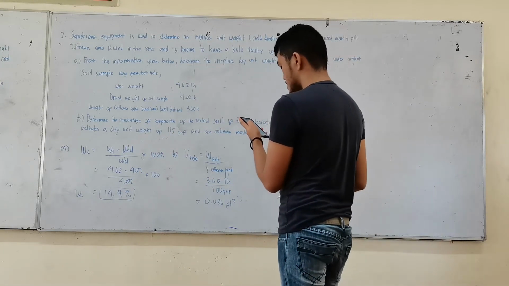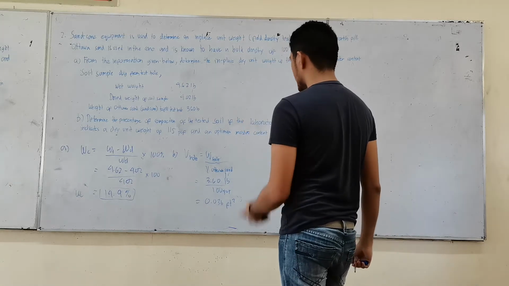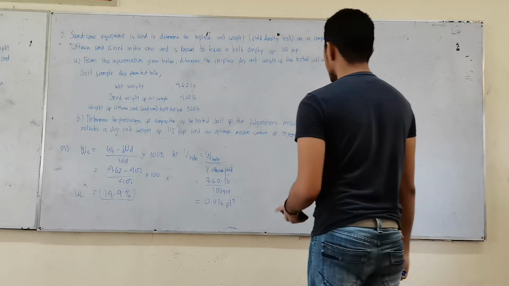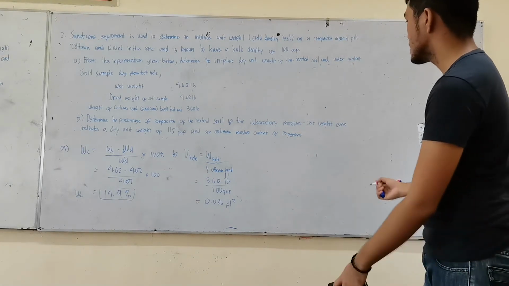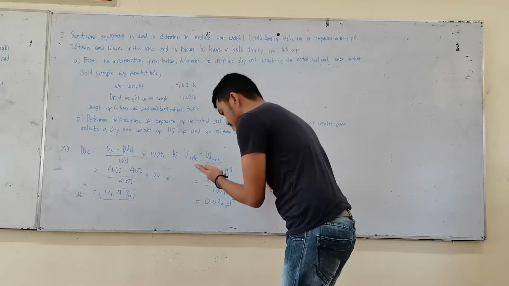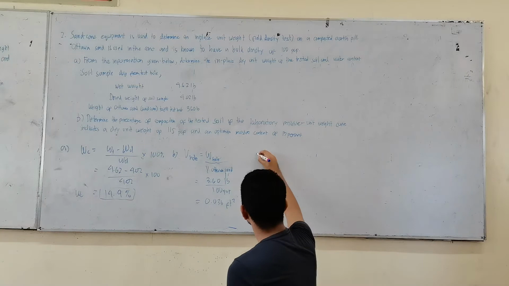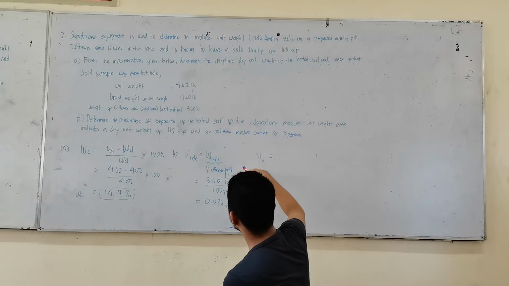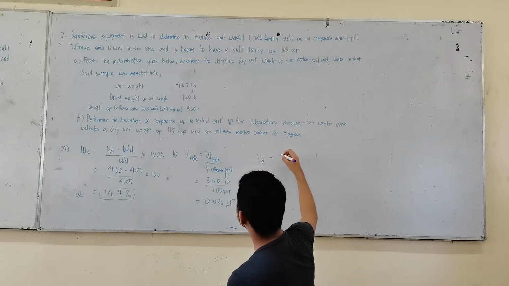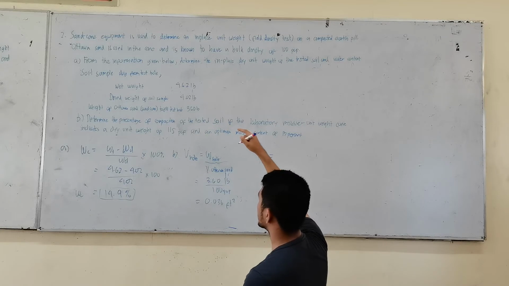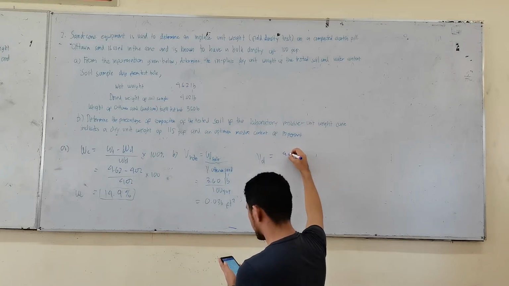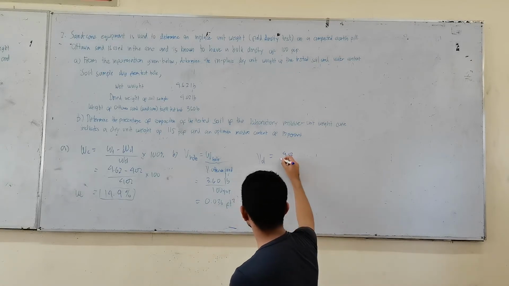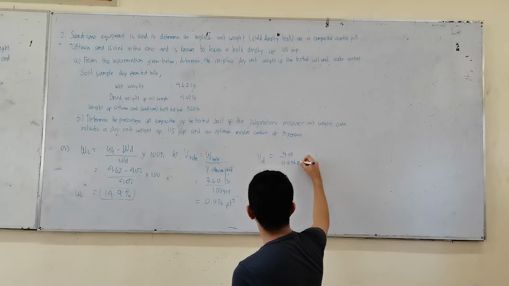And lastly, we need to find the dry unit weight of the in-place soil. To get that, we'll make use of this formula, which is the dry weight of the soil sample, which is 4.02 pounds, over the answer we got from the volume of the hole, which is 0.036 cubic feet.